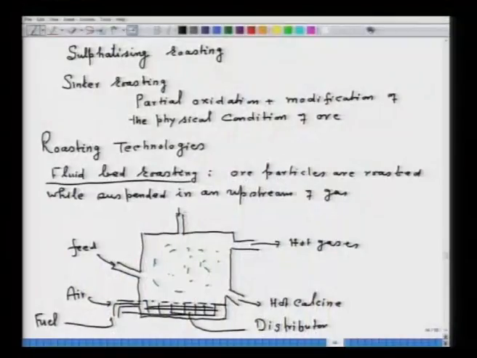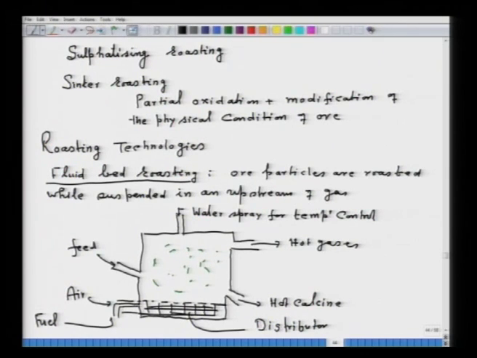Sometimes the temperature goes very high, so a water spray is used for temperature control.